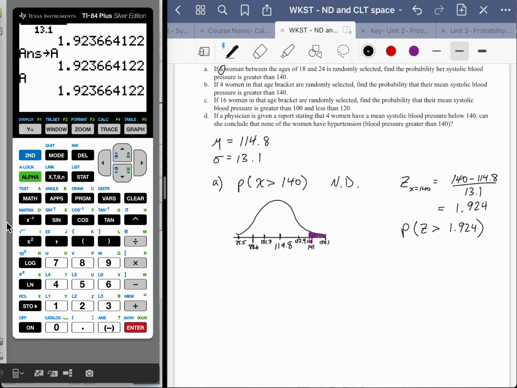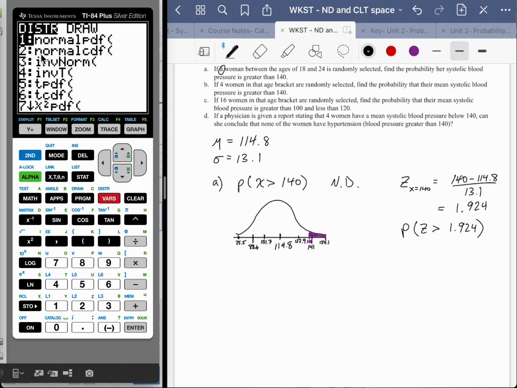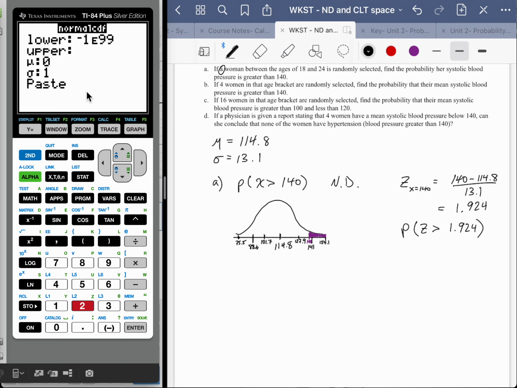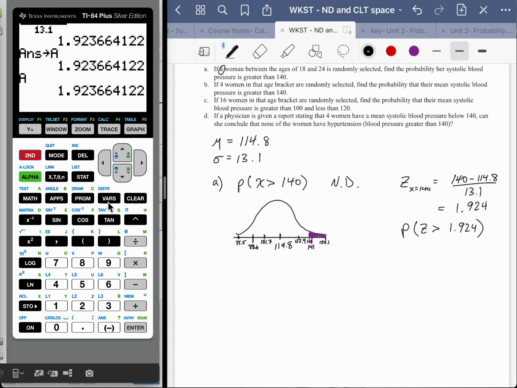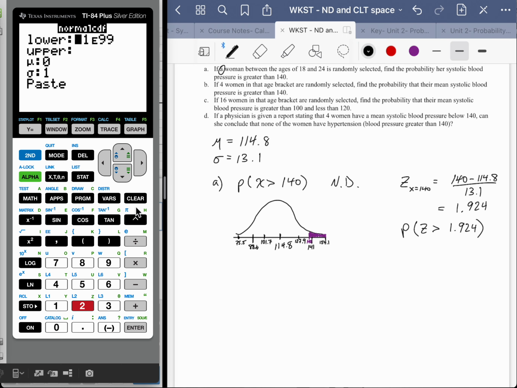So now going into second vars, looking for normal CDF option 2, my lower bound I could just put in alpha math, the A value, and it'll know that it's going to be about 1.924.